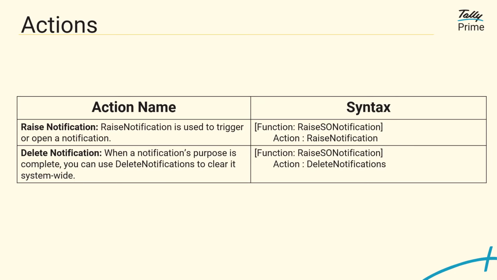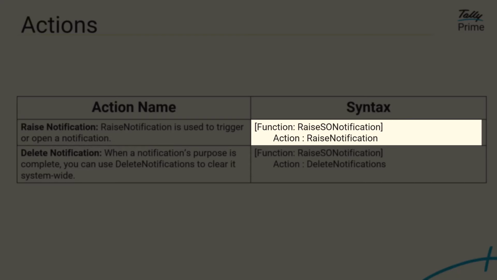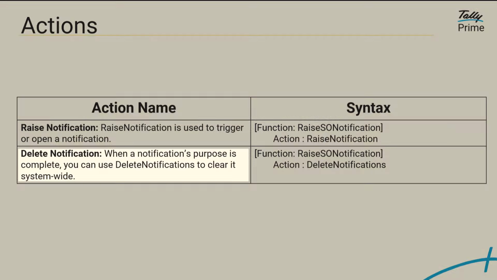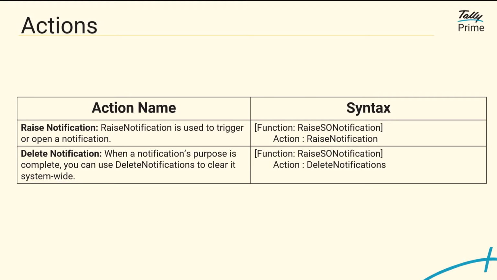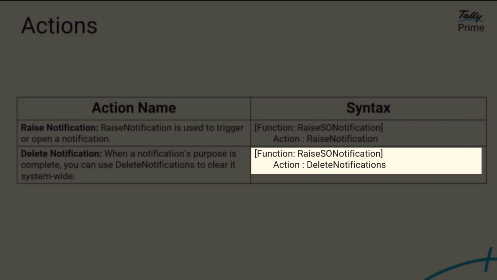It's a global action that returns a Boolean value indicating whether the notification was successfully raised. The syntax for this is shown on your screen. When a notification's purpose is complete, you can use delete notifications to clear it system-wide. It deletes all notifications associated with a specific activity type. The syntax for this is shown on your screen.